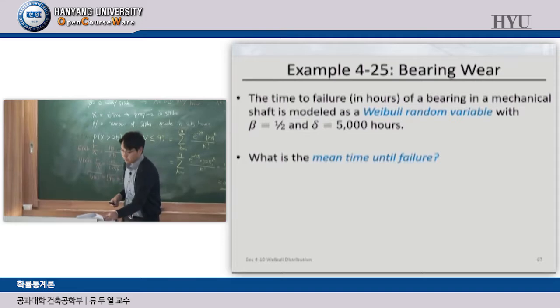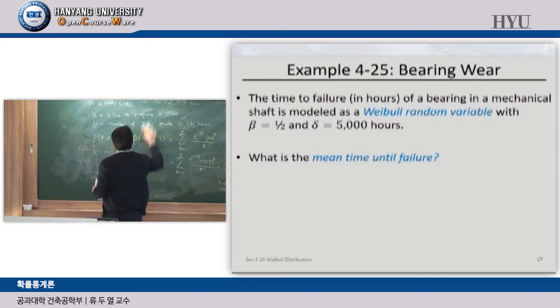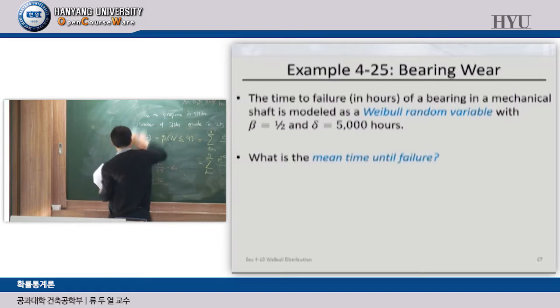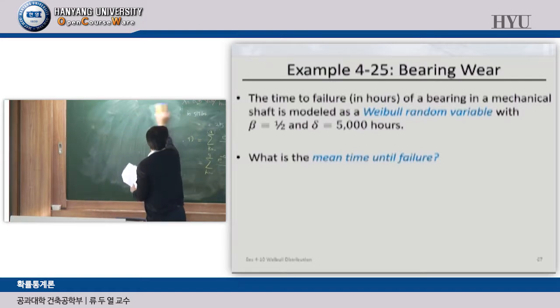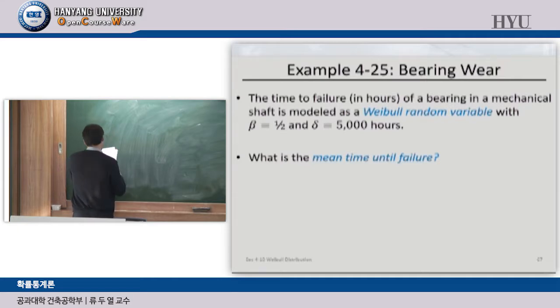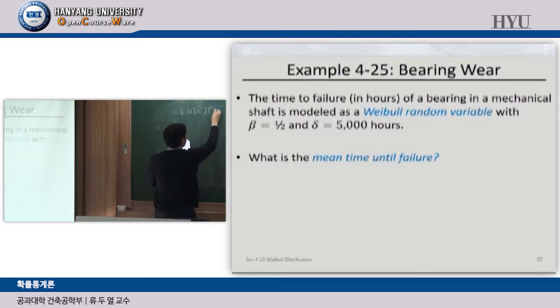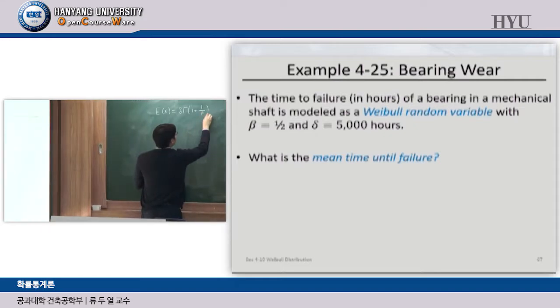In this case, the mean value of the Weibull distribution was delta times the gamma function of 1 plus 1 over beta, right?